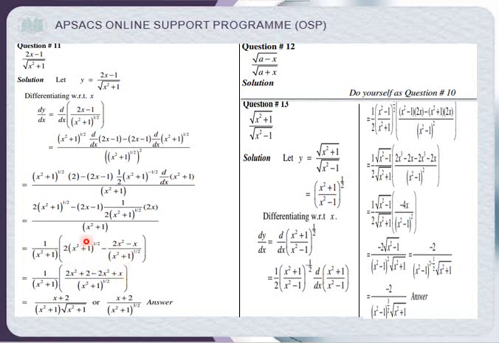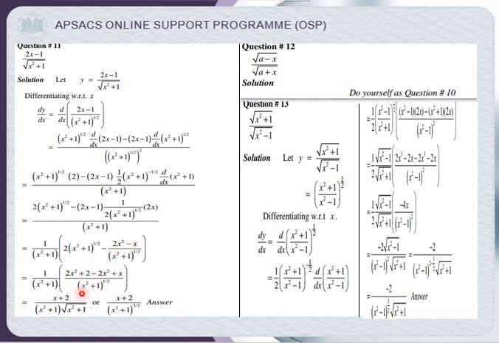Now by taking the LCM, x square plus 1 raised to the power 1 upon 2 multiplied by this, so x multiplied by x square, or under root x multiplied by under root x, only x. After multiplying, 2x square plus 2 minus 2x square minus 1 is plus x.